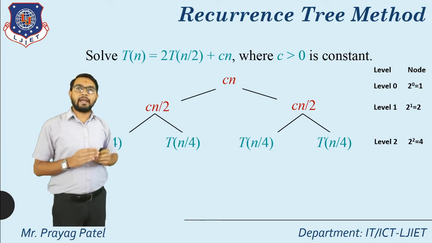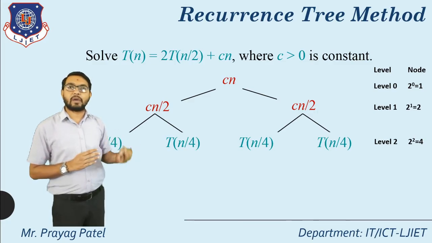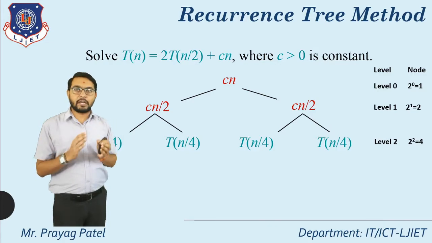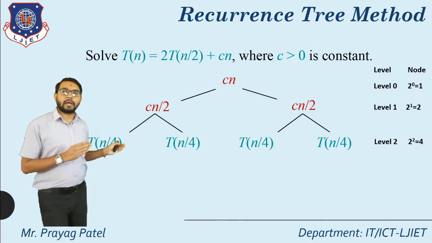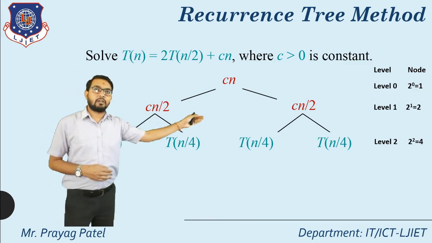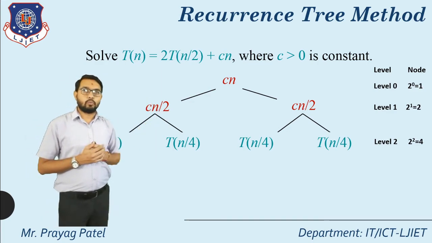So we get T(n/2) = 2T(n/4) + c·n/2, because in place of n we put n/2. So the cost is c·n/2, and for the second T(n/2) the cost is also c·n/2.